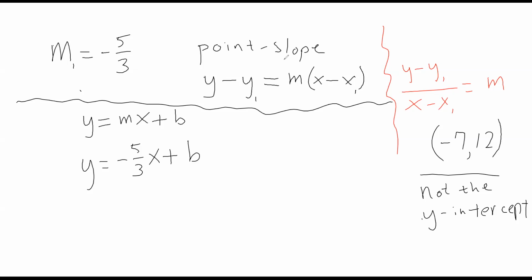It's part of the solution set. So if I plug in x equals negative 7 and y equals 12, the b has to be the particular number that makes that equation true. So we have 12 equals negative 5/3 times negative 7 plus b.